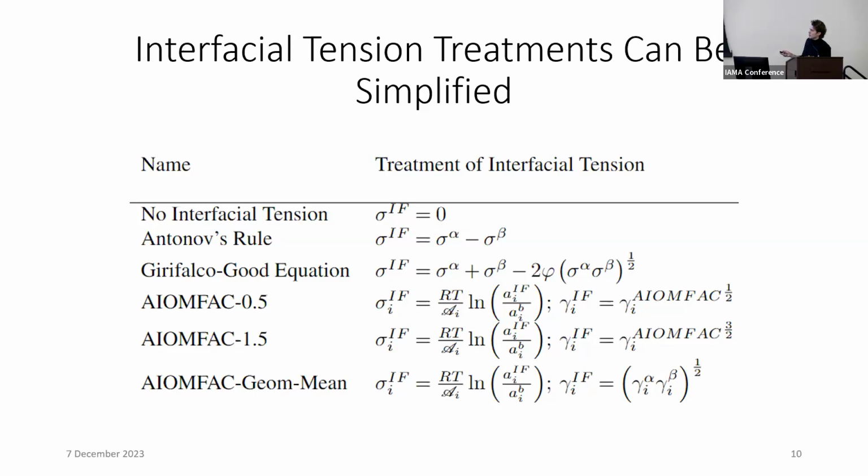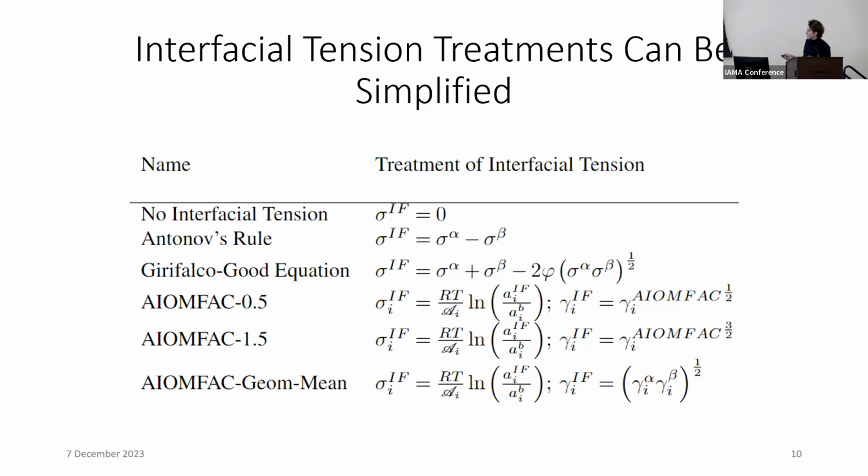And phi has a minimum value that's determined by the geometric mean of these two surface tensions. But if you set this to be too large, then you can start getting negative surface tension values. So we just set this to be 1. Again, we're keeping things simple.